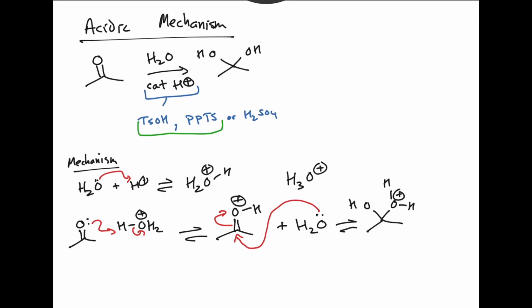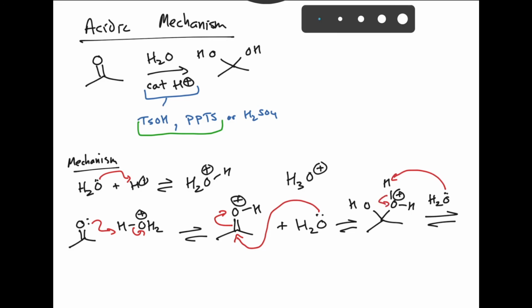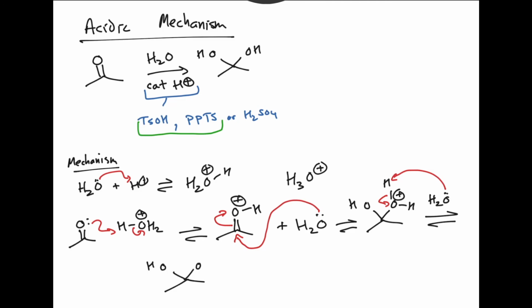right? Now the only thing at this point standing between me and my hydrate product is removing an extra proton. I have one extra proton on my oxygen. So another molecule of water can come in, grab a proton, give me my hydrate plus my H3O plus.